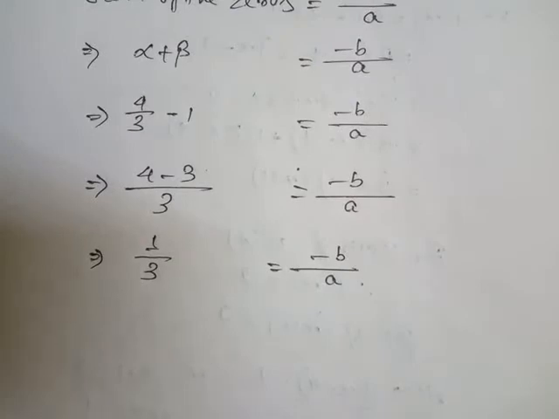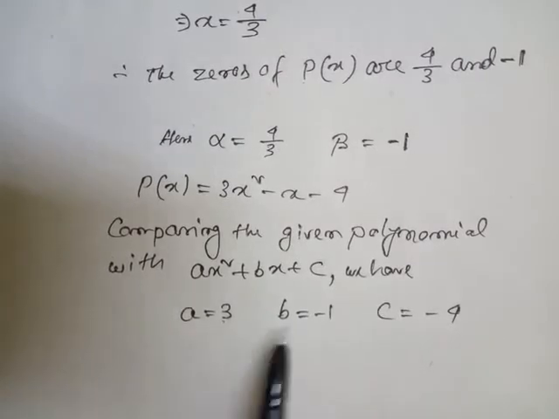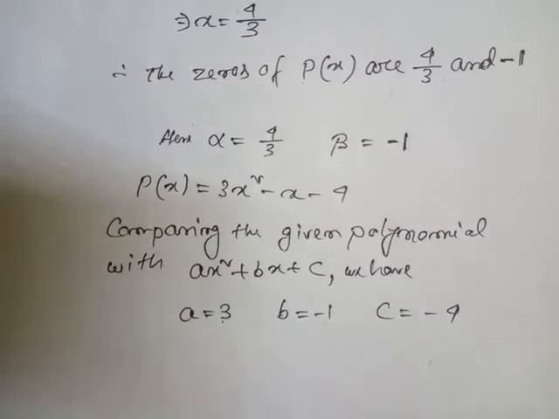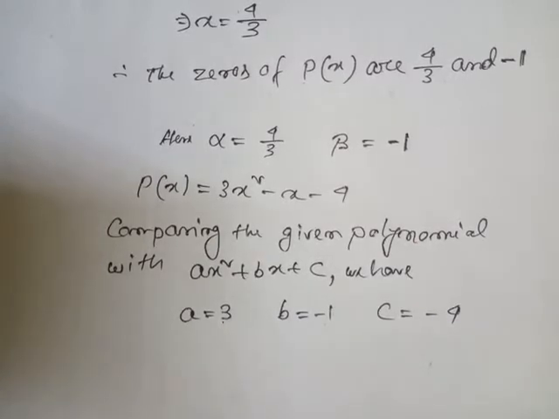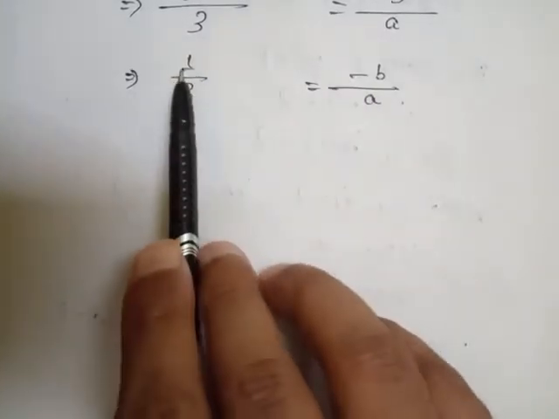Now we have to check whether it matches with the given equation or not. Look here, after comparing we have got a equal to 3, b equal to minus 1, c equal to minus 4, which means here in the sum of the zeros we have got a is 3 and b is minus 1, which means it matches with the given equation, so the sum of the zeros is correct. There is minus b. If I take minus on that side, it becomes minus b by a.